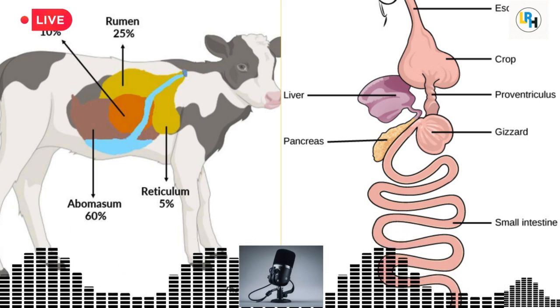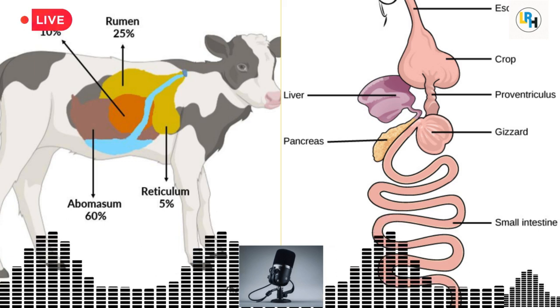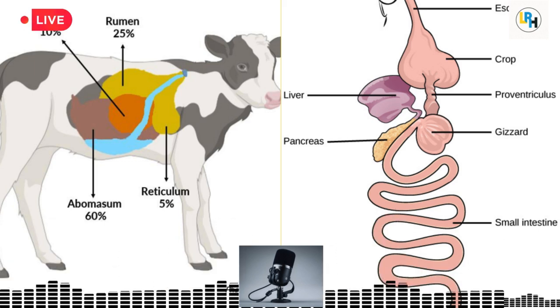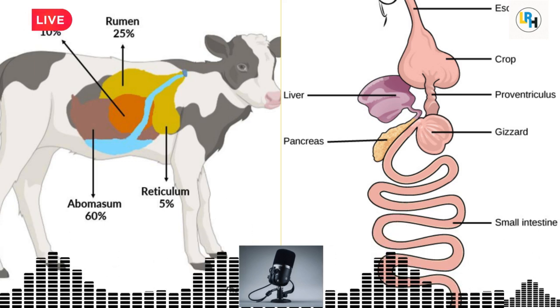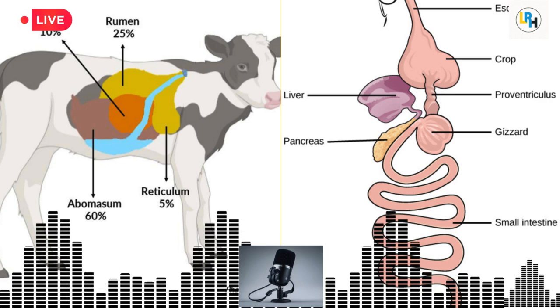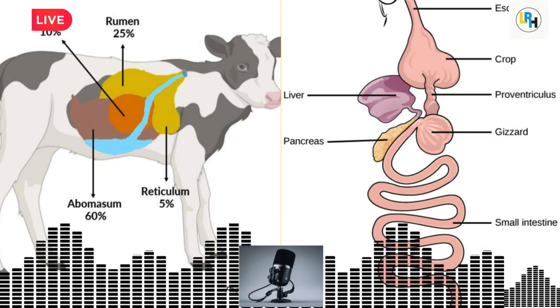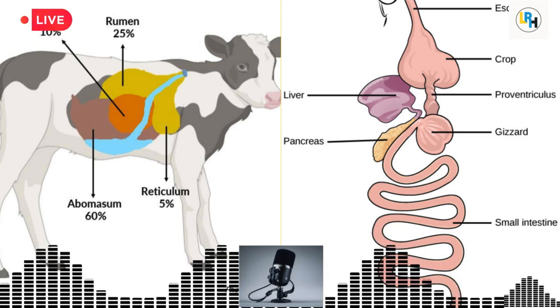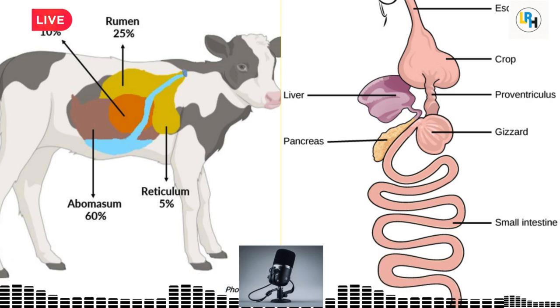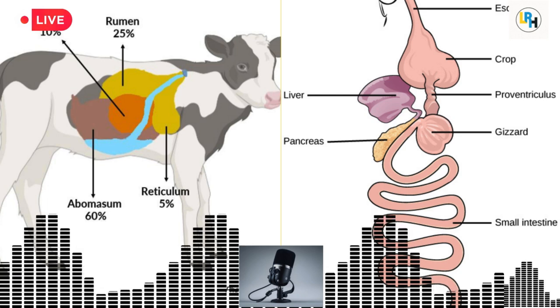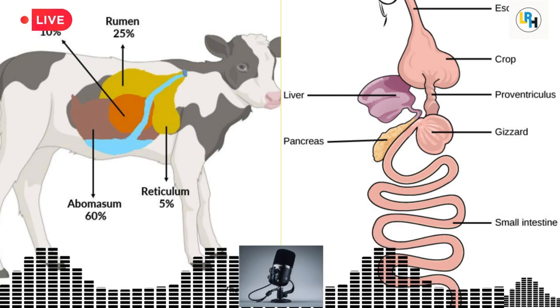Abomasum. This is the true stomach, which is similar to a human stomach. The abomasum secretes acids and enzymes to further break down food. So these are the functions of the 4 chambers of a ruminant.